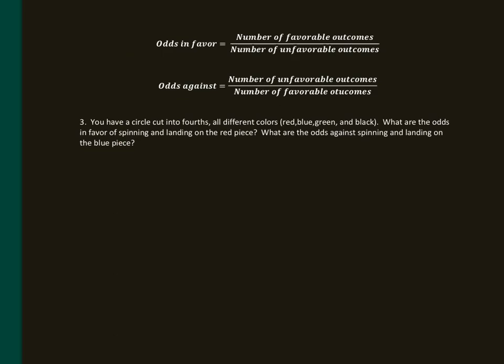Odds. All right. So probability deals with success divided by the total. Odds are success versus the unsuccessful, or unsuccessful versus successful. It depends on if they want the odds in favor or the odds against. So you have a circle cut into fourths.